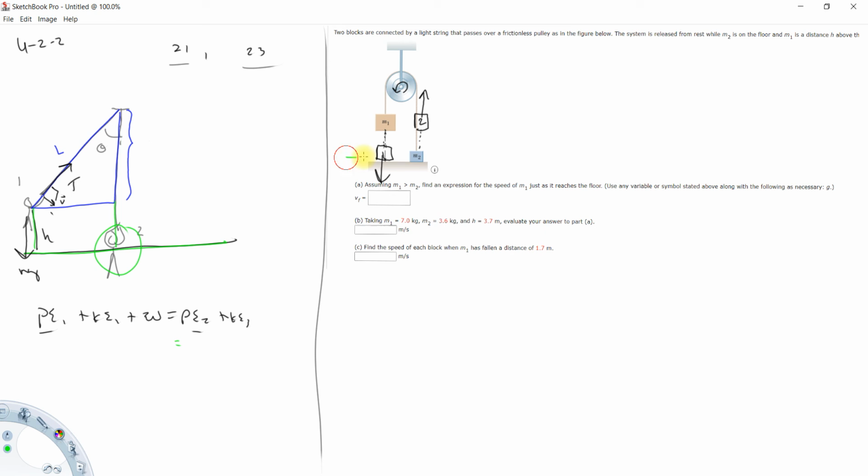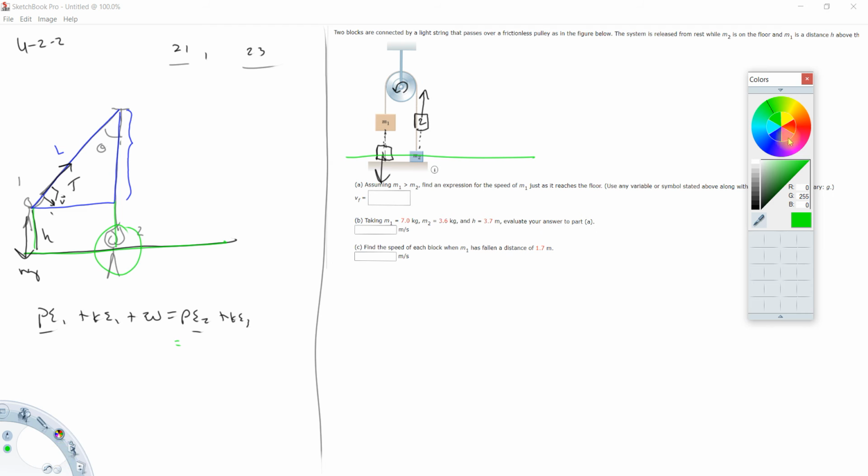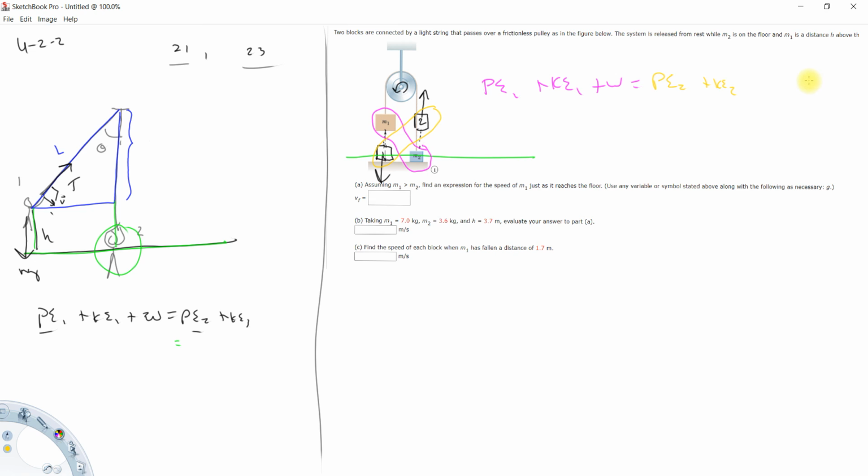I would probably datum it right here. So your state 1 is this: PE1 plus KE1 plus work equals, and I'll do this in yellow, this is your state 2: PE2 plus KE2. Wish I would have had technology like this when I was going to school, but anyway.